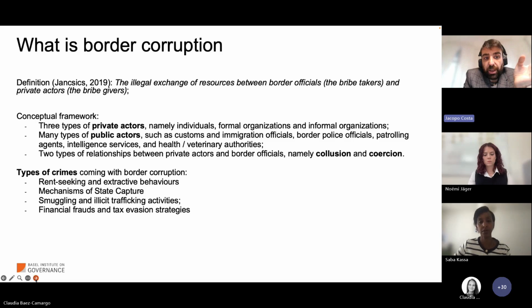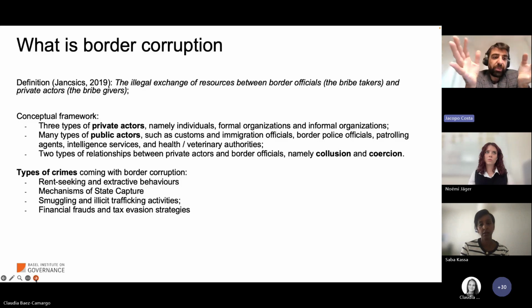Third point in the conceptual framework made by David: two types of exchange between public and private actors. The first one is collusion, when there is a sort of overlapping of interests and goals between public and private actors, while coercion is different. One of the two is coerced into participating in corruption and illegal exchange.